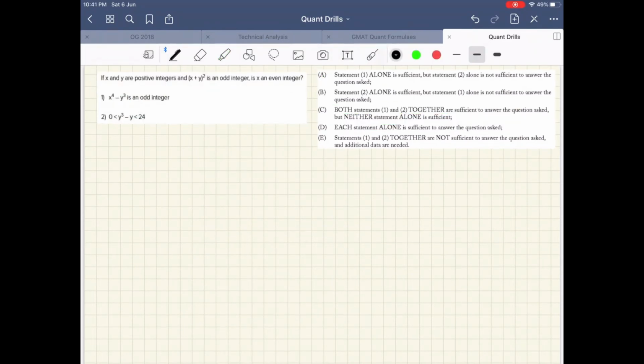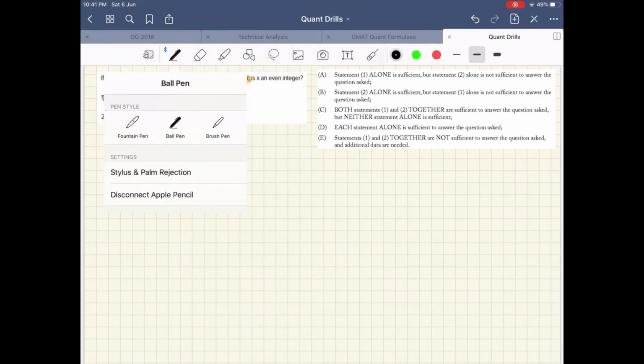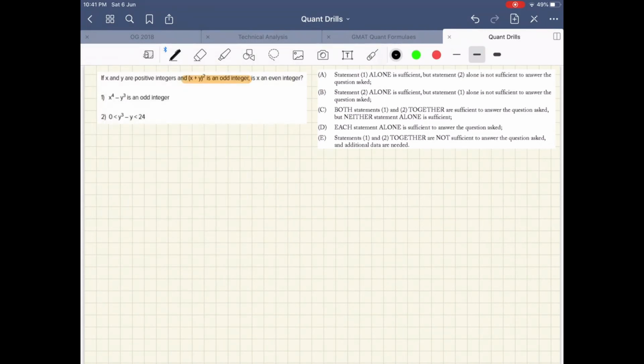Okay, so this one is quite tricky. What we are given is x and y are positive integers and (x plus y) the whole square is an odd integer. Is x an even integer? So what we are given is (x plus y) squared is odd.